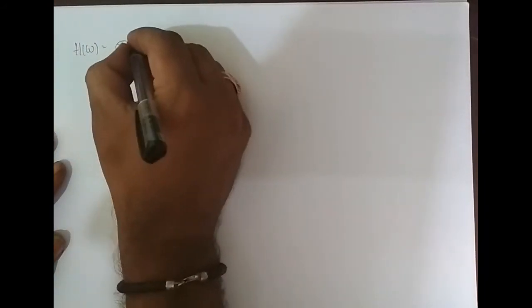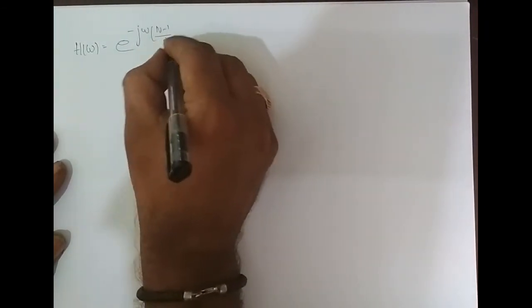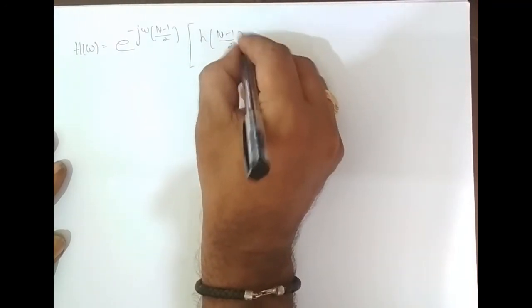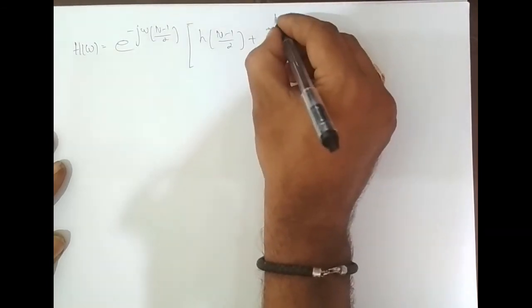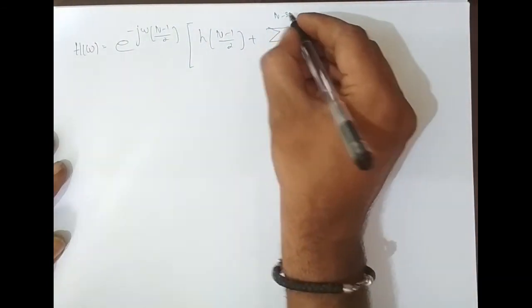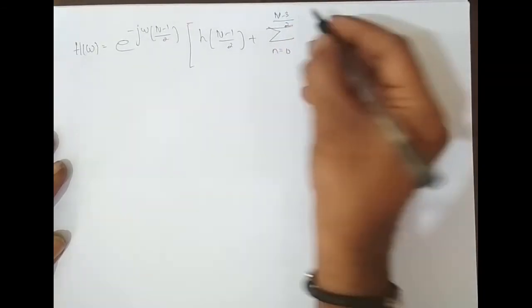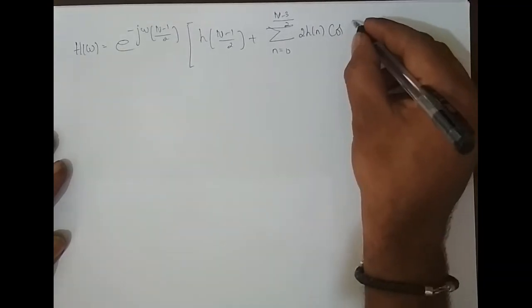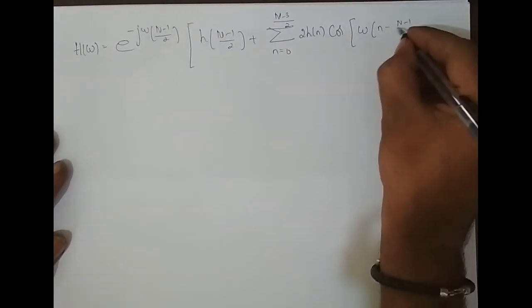h of omega is equal to e power minus j omega into n minus 1 by 2 times h of n minus 1 by 2, plus summation n varying from 0 to n minus 3 by 2 of 2 times h of n into cos of omega into n minus 1 by 2.